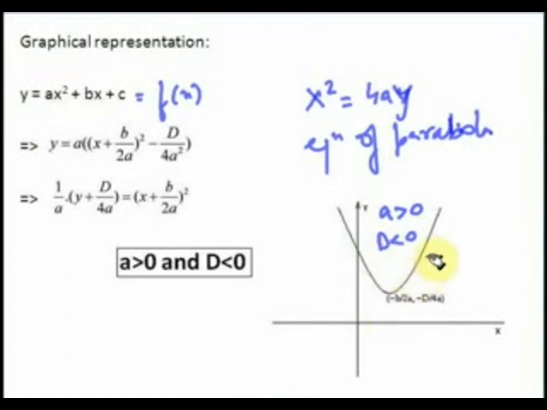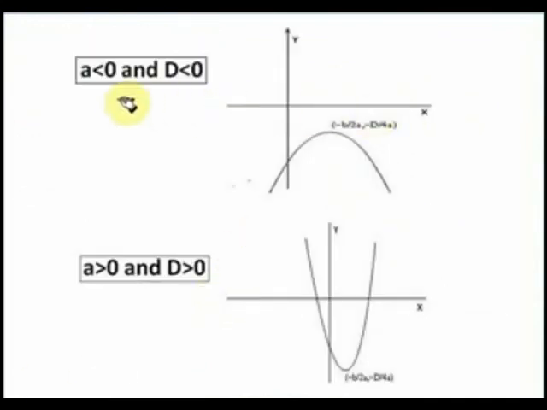If D is less than 0, this quadratic equation will not have any real roots, so it won't touch the x-axis at any point. So D is less than 0 and a is greater than 0. If a is less than 0, the parabola will open downwards.